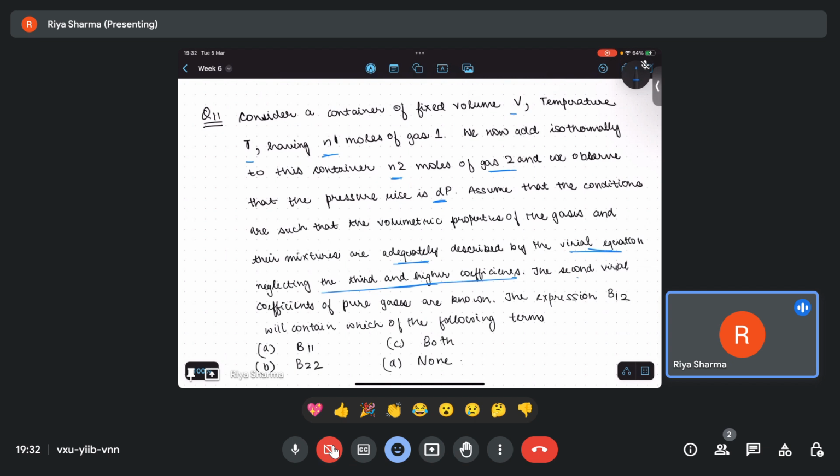The second virial coefficients of pure gases are known. Now you have to find what B12 will contain. Okay, let us start solving.